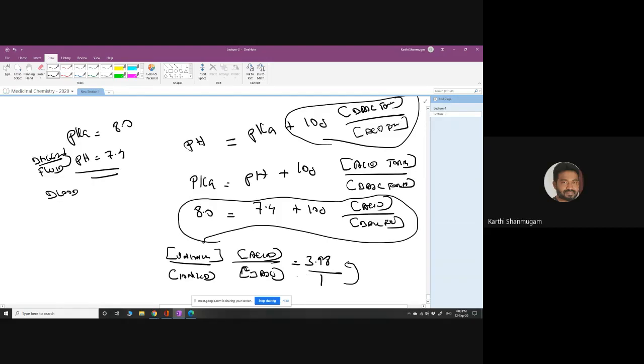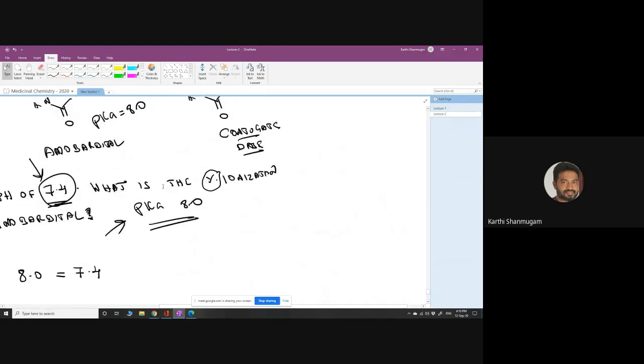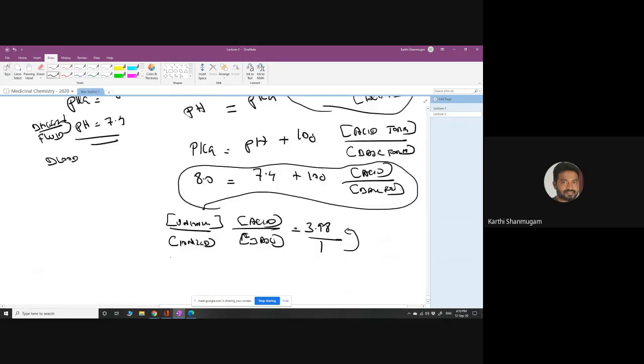Aparna. Yes, right. So now if we want to convert this into percentage, because in the problem we had to calculate the percentage ionization of this molecule, how will you calculate the percentage ionization now?